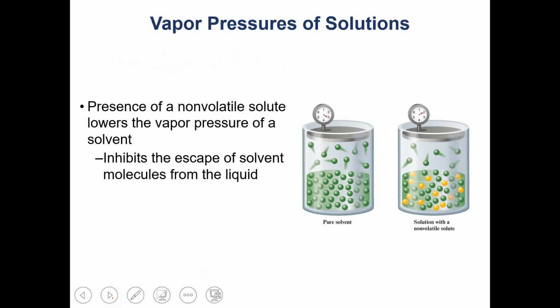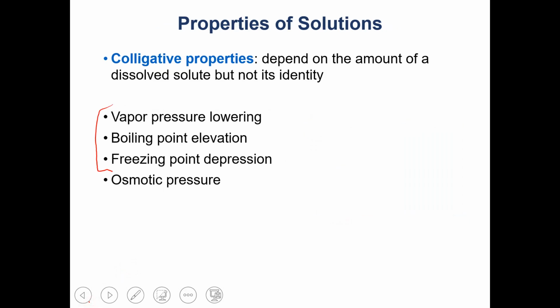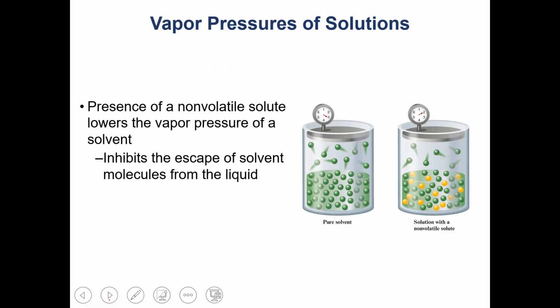So let's go ahead and jump into vapor pressure and talk about how we can lower vapor pressure. If we put a non-volatile solute, which is something that doesn't produce a lot of vapor, or doesn't produce any vapor really, into a solvent, it lowers the vapor pressure of that solvent.